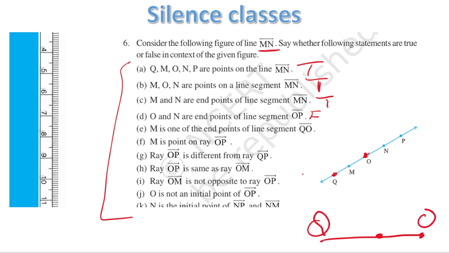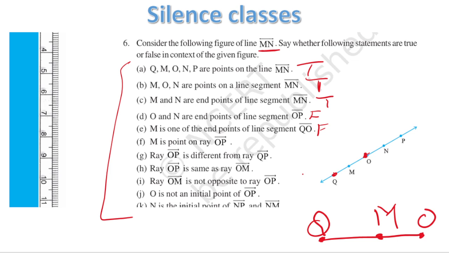Q and O, and M is there, so it is not the end point, because end points are Q and O only. M is not the end point. M is lying between this line segment. This is also false.